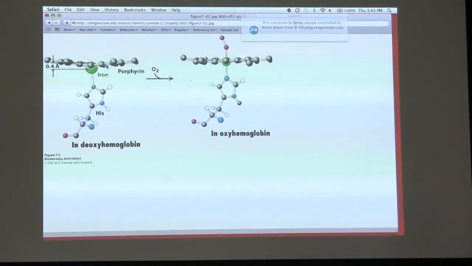The very subtle difference between the figure on the left and the figure on the right, besides the fact that oxygen is binding, is that this ring starts out being a little bit concave. You see how the iron is slightly below the plane of the ring over here, and you see how over here it has been elevated by a tiny fraction of an angstrom.